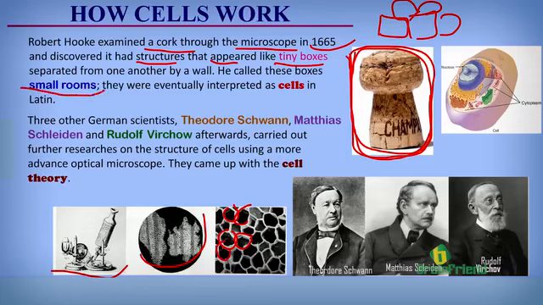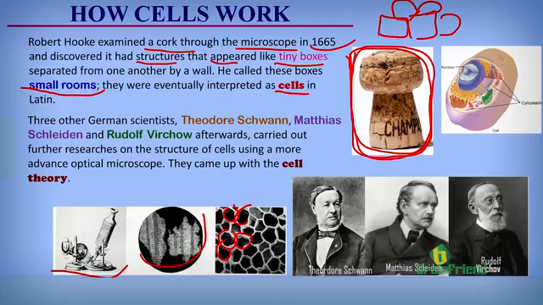He said the cork is made up of small rooms, and small rooms were later translated into Latin as cells. So that was how the word cells came into existence. It simply means small rooms. So with the work of Robert Hooke, scientists realized that living organisms are made up of smaller structures called cells.